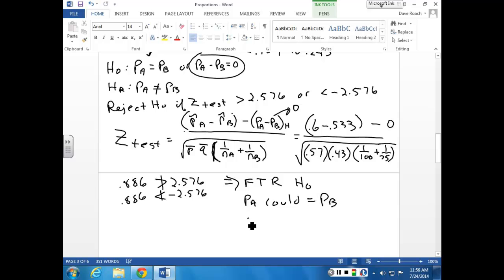There might not be a difference in support for the lower sales tax for high and low income voters.